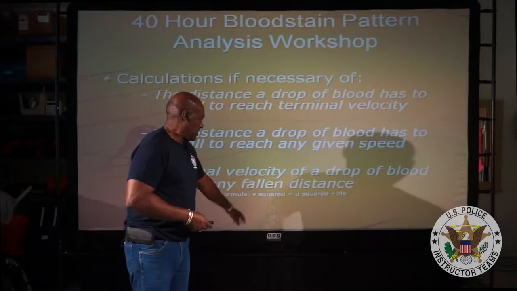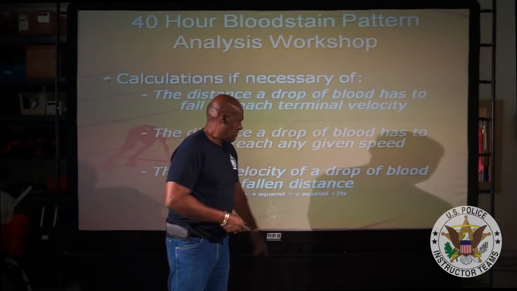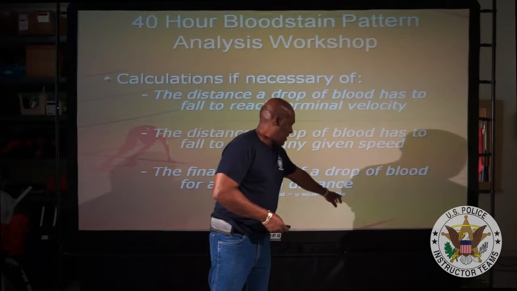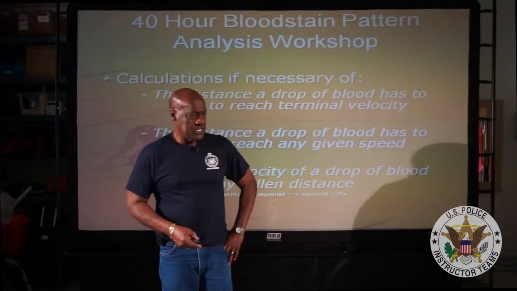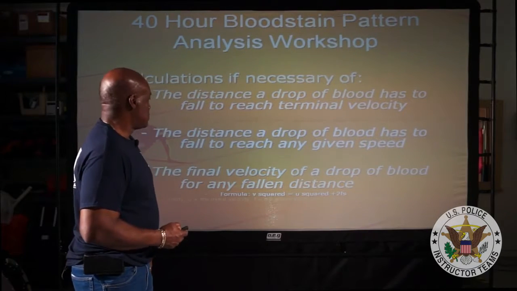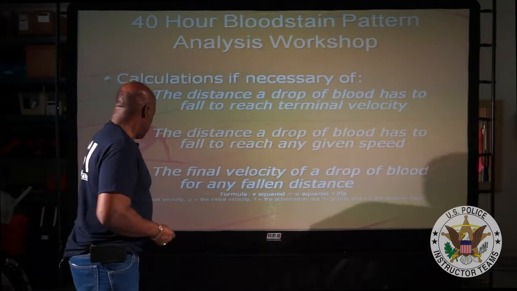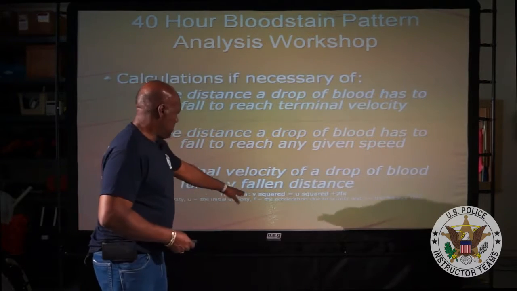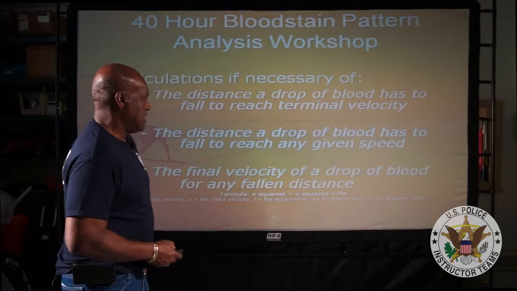V is the final velocity, U is the initial velocity, F stands for acceleration due to gravity, and S in this case is the distance the blood stain traveled. So again, V, the final velocity, U, the initial velocity, F, the acceleration due to gravity, and S, the distance fall.